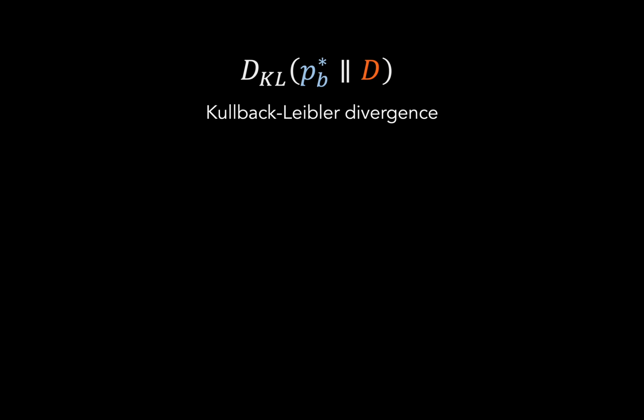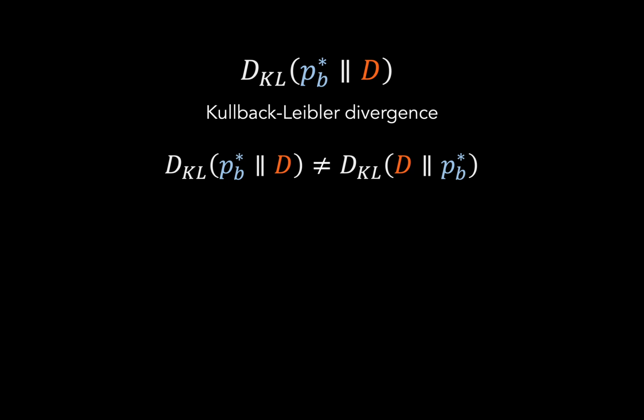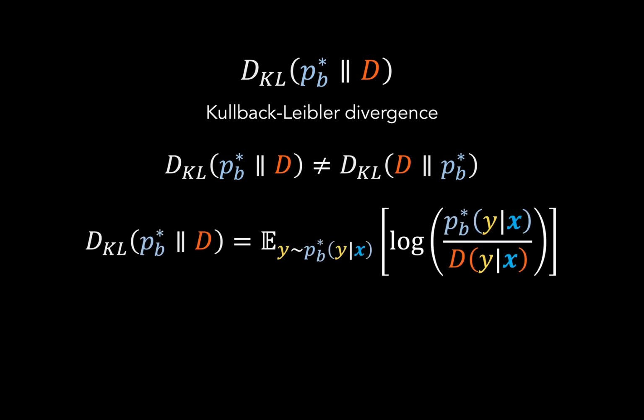That being said, it's not actually symmetric, so in a way, analogies with distance are a bit misleading, but technically speaking, the KL divergence of P star B from D is the relative entropy of the distribution P star B if we assume that the distribution D is true, and this is just calculated by an expected difference of logs over P star B. So this is just the general definition of the Kullback-Leibler divergence.